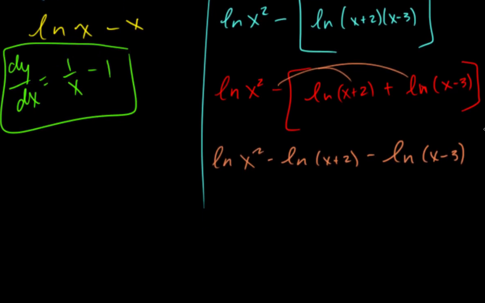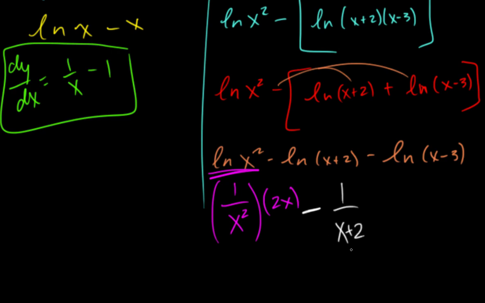And now we're going to take the derivative. So we get 1 over x squared, but then times it by the derivative of the inside. So that's just 2x for that one. And then this is going to be minus 1 over x plus 2 times the derivative of the inside, which is just 1, so we don't need to do that, minus 1 over x minus 3 times the derivative of the inside, which is just 1, doesn't change it.